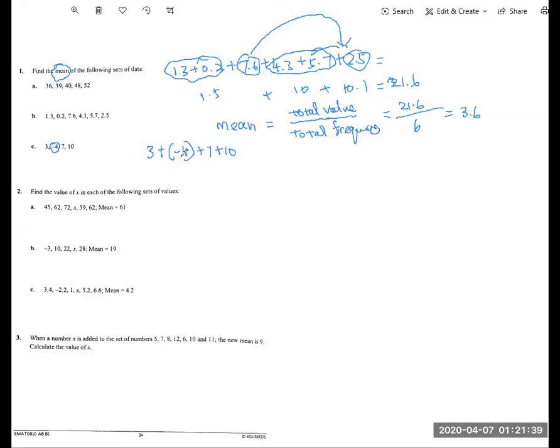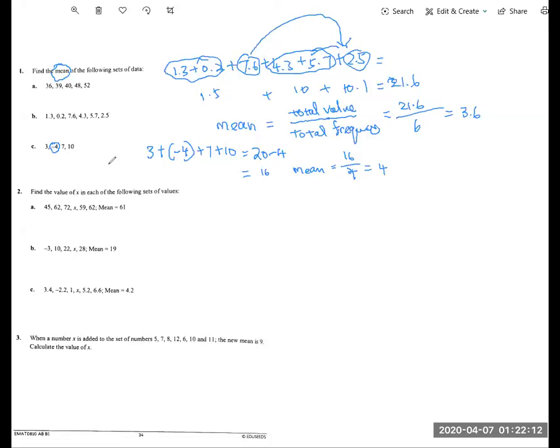If you have a negative, you add the positive first. 3 plus 7 plus 10 is 20. Now minus 4 gives you 16. So the means is 16 divided by how many? 1, 2, 3, 4. So the means is equal to 4.